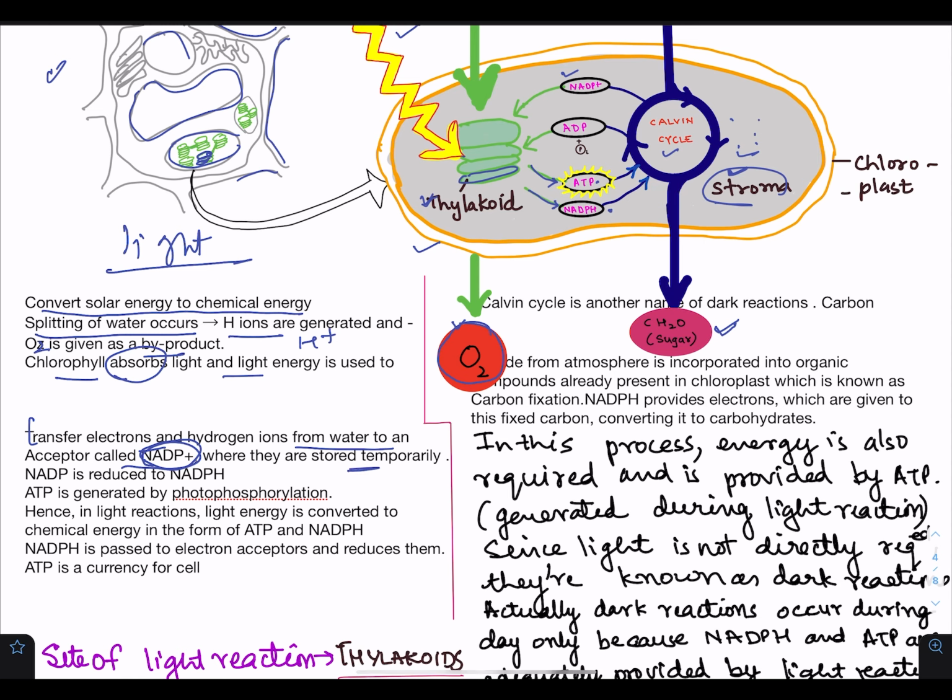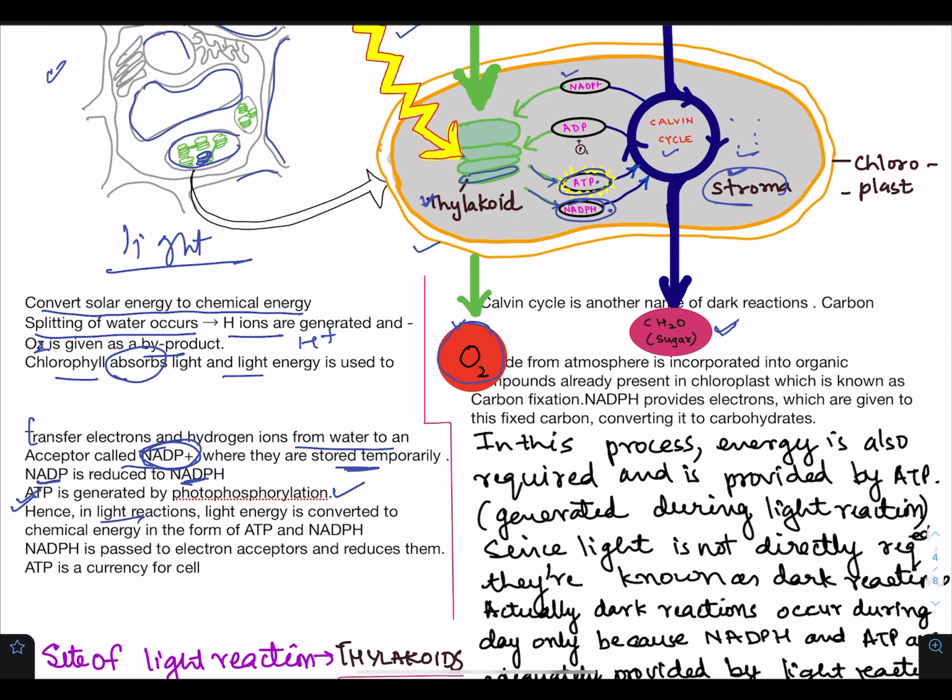NADP will store them temporarily and NADP is hence reduced to NADPH. ATP is also generated by photophosphorylation. You can see ATP is generated here and NADPH is generated here.